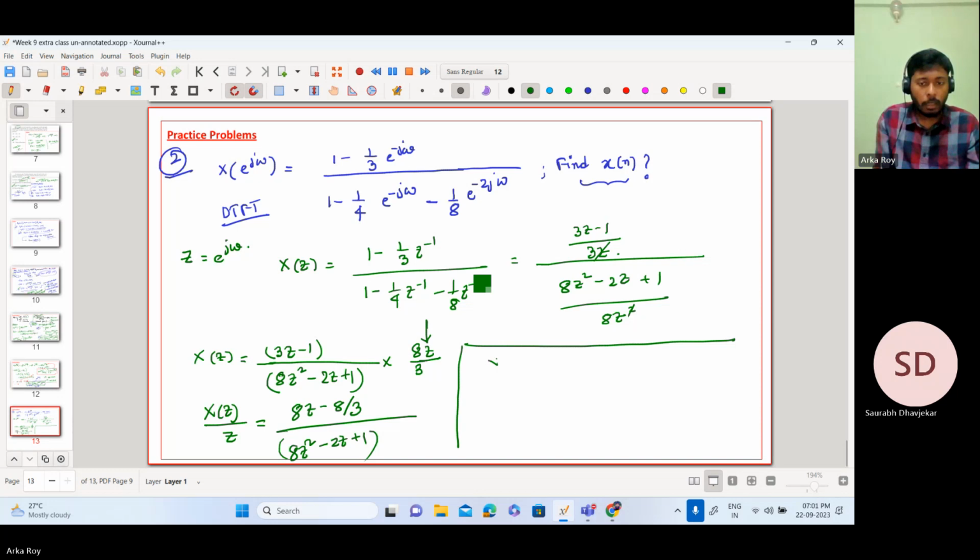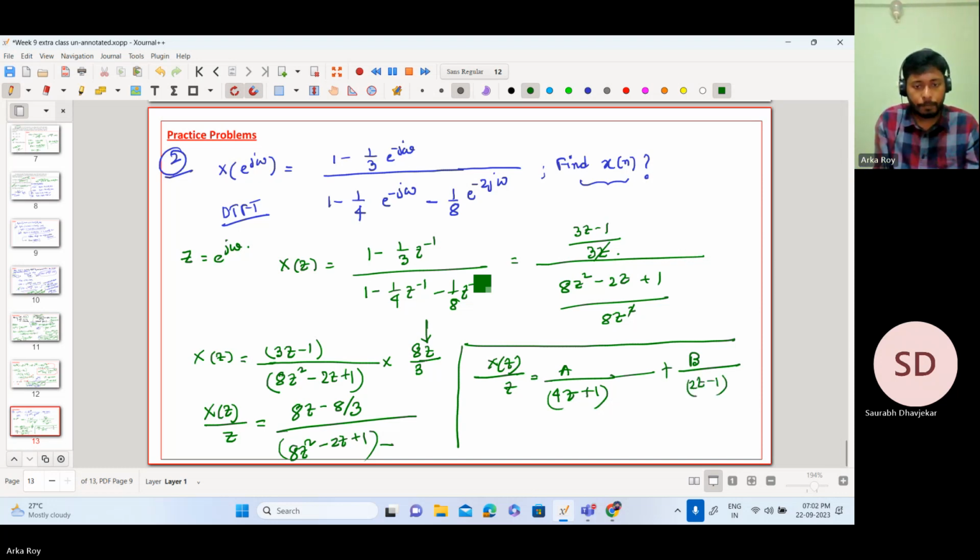So now I can do the factorization. It will be a divided by, so this factor will be 4z plus 1, and b will be divided by 2z minus 1.